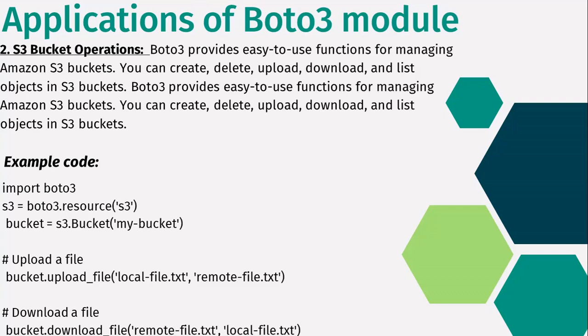If we want to create an S3 bucket resource, the creation is done as shown. Whether we want to upload a file, uploading is also as shown, like bucket.upload. And whether we want to download a file, the code is also shown.